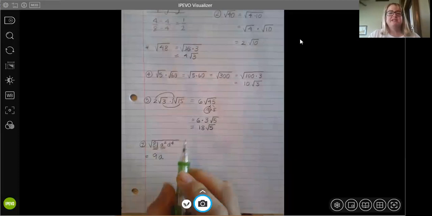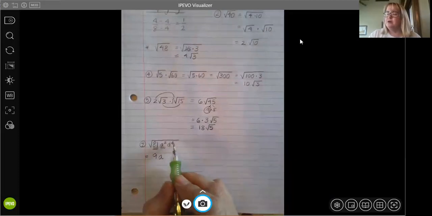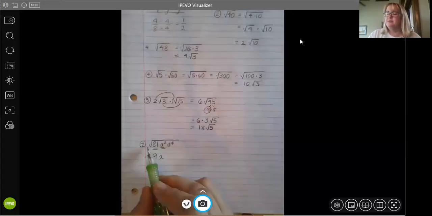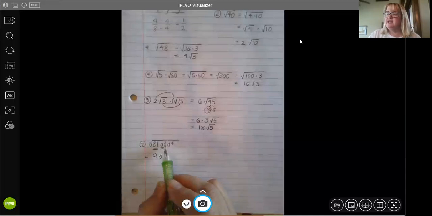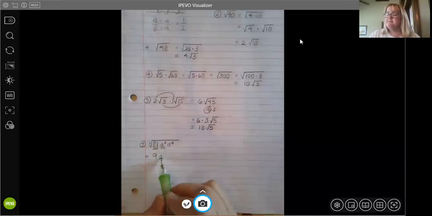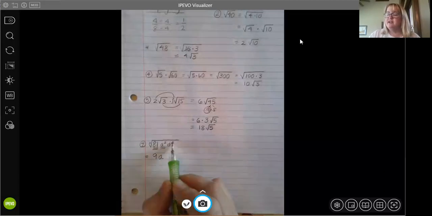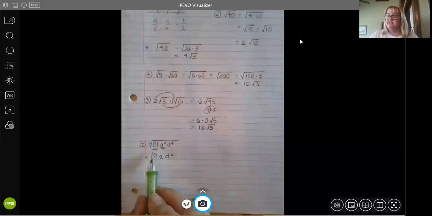The square root of d to the 4th, what you do with your exponent is you divide it by 2, because we are finding the square root, which is a root of 2. So a to the 2nd divided by 2 is a to the 1st, which is just a. d to the 4th divided by 2 is d squared. So this simplifies to 9ad squared.